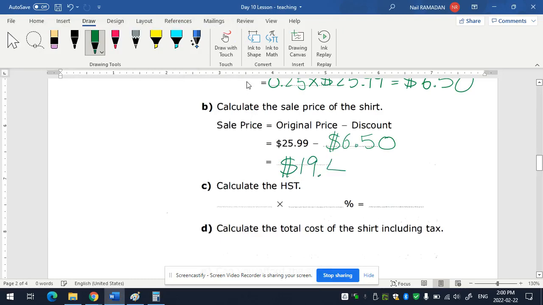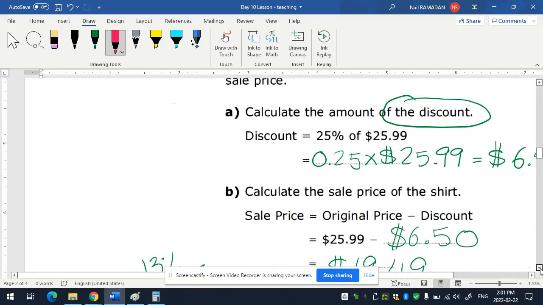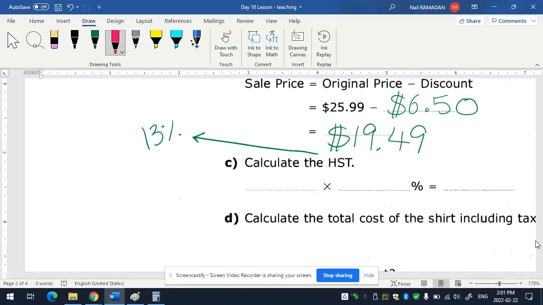19.49. Here's the problem. You only have 20 on you. You still have to know that most likely you're going to have to pay tax on it. So calculate the HST. What's the magic number for the HST? 13. Lucky number 13. So obviously 13 would not be used as 13, it has to be done as 0.13. Oh okay, look how they want you to write it.